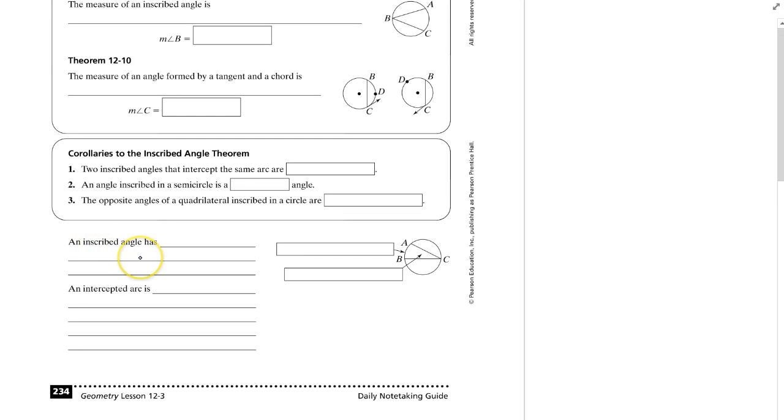An inscribed angle has a vertex on a circle. And here's the other part. The two sides of the angle will be chords of the circle.